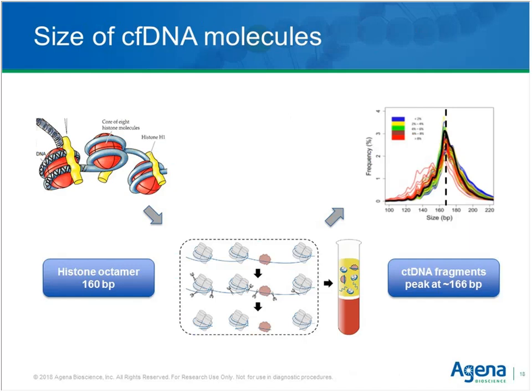It's explainable by the fact that the DNA, when wrapped around the histones and undergoing apoptosis, for instance, is fragmented at the free ends, and the length of a wrap around a histone octamer is 160 base pairs, and consequently the peak of ctDNA and cfDNA fragments is in the range of 166, 167 base pairs. We do have a few shorter and longer fragments, but the majority are in that range, so that mechanism can be easily explained.